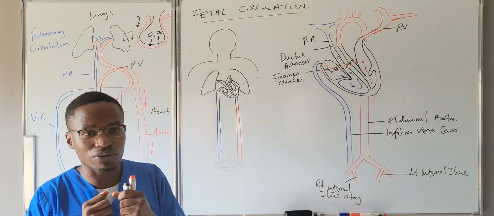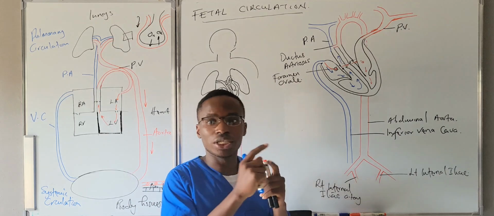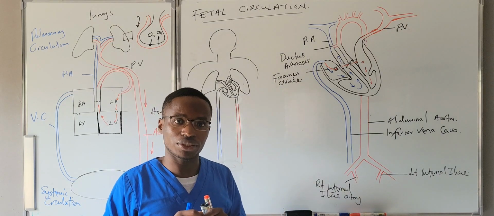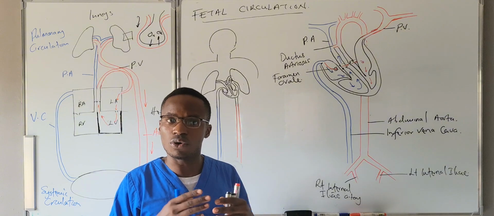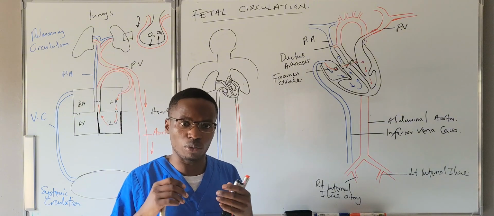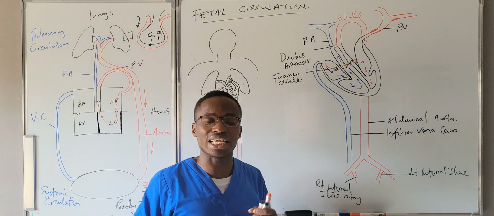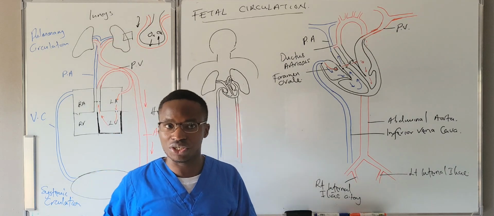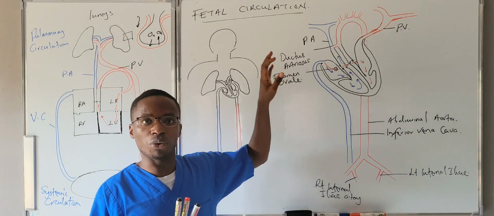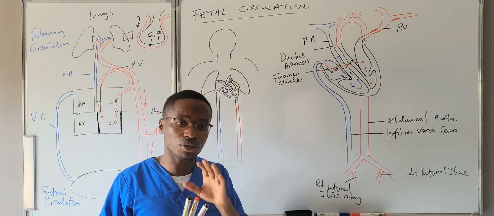So blood finds it very hard to get to the lungs, and because there's so much resistance, blood starts looking for other options where else to go. There's increased resistance within the pulmonary circulation.